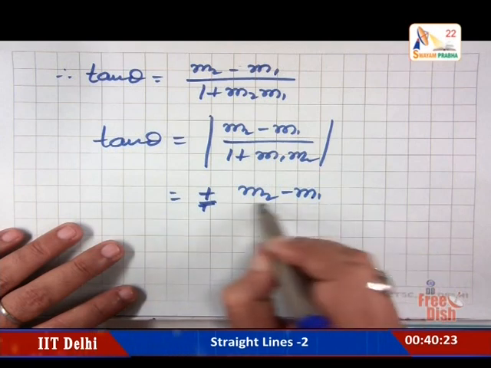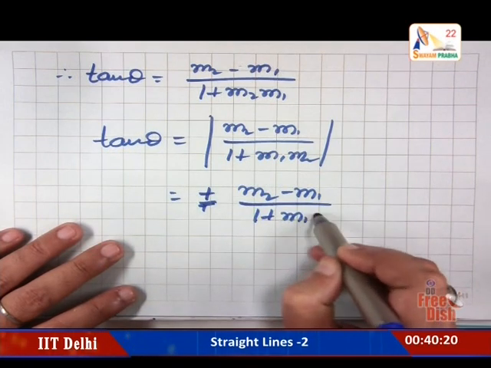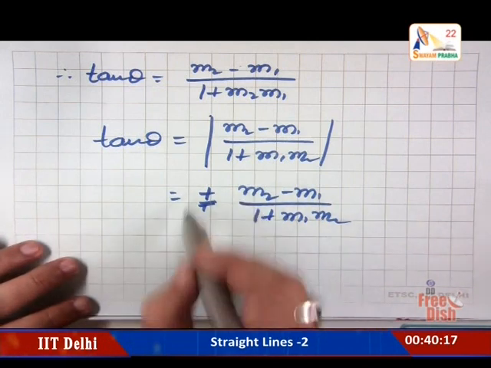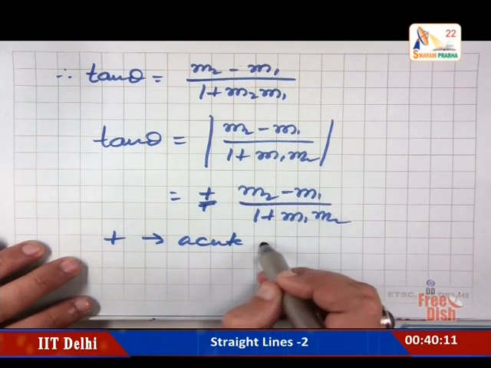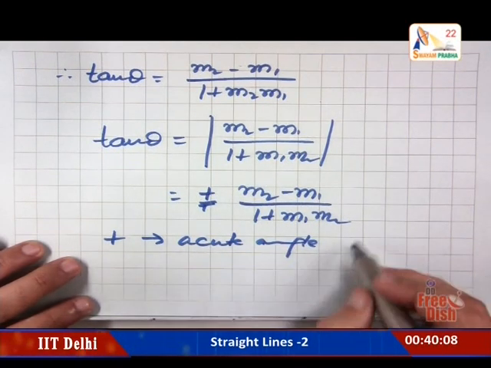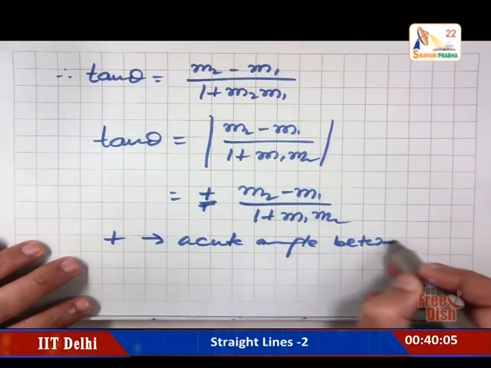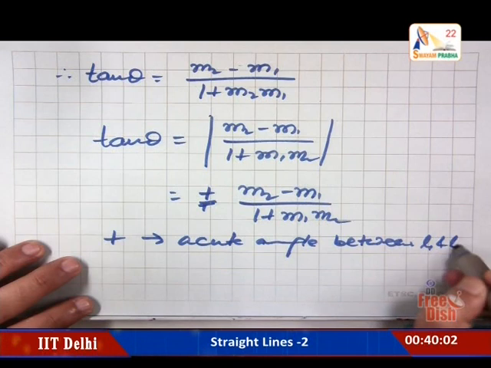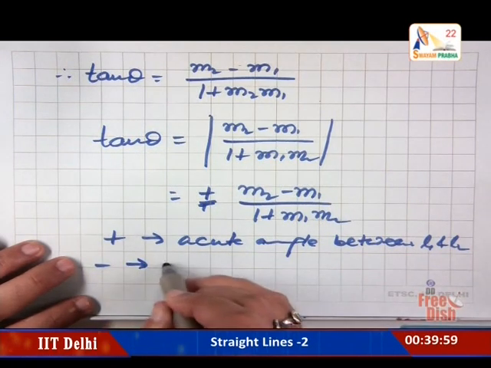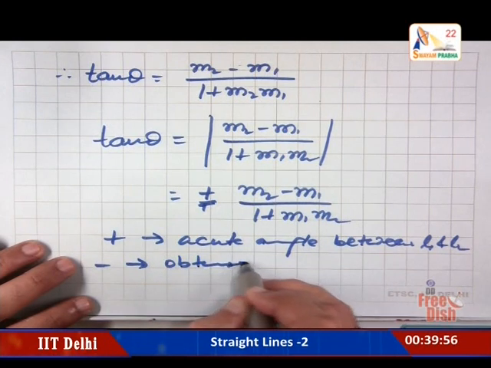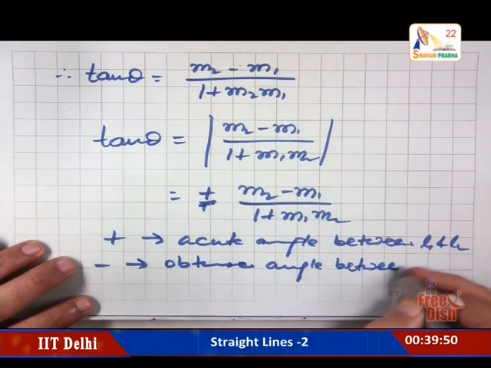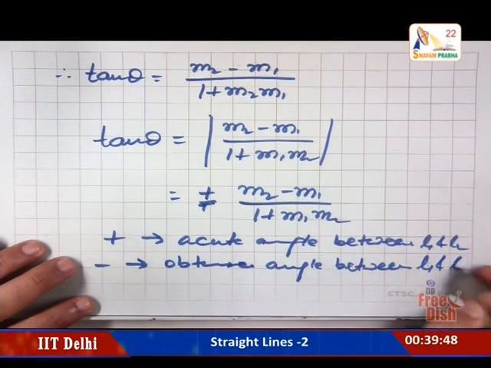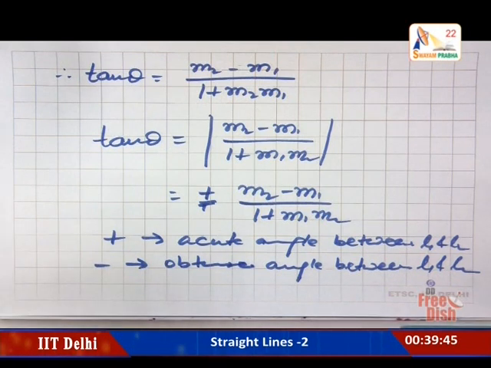Plus means acute angle between L1 and L2, and minus means obtuse angle between L1 and L2. In this way we can find the angle between any two lines.